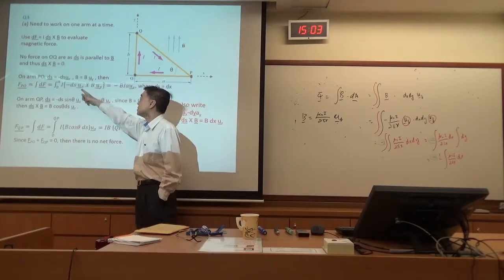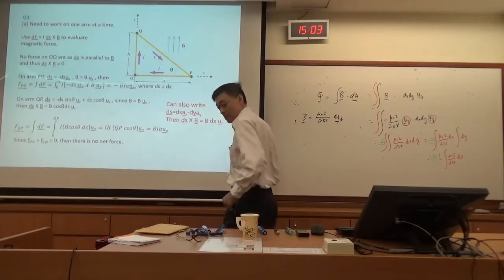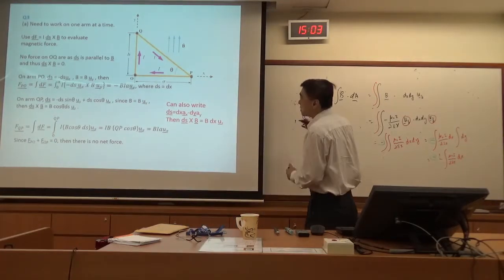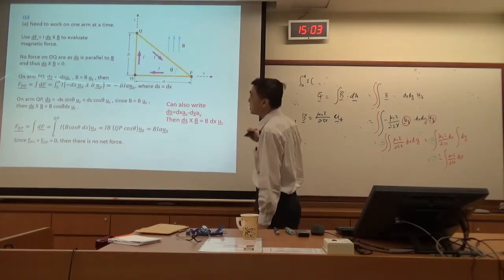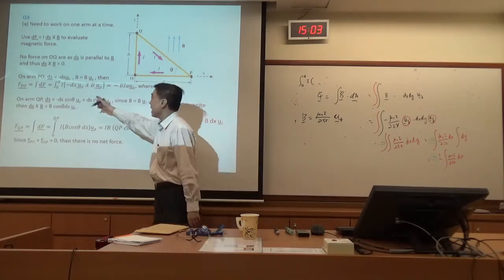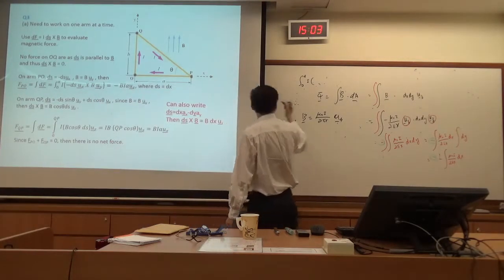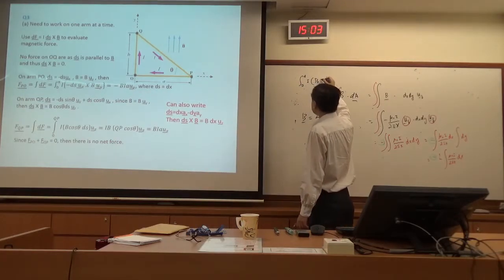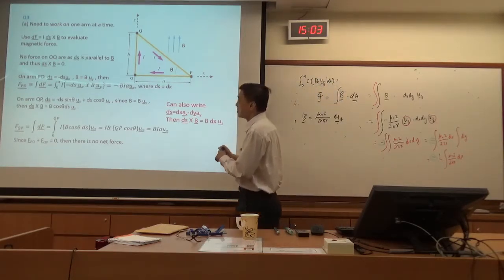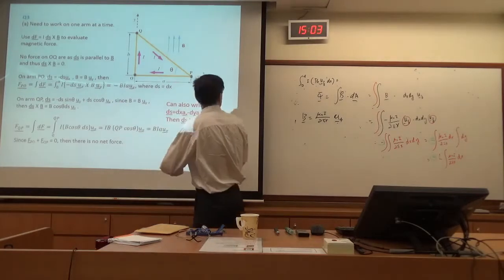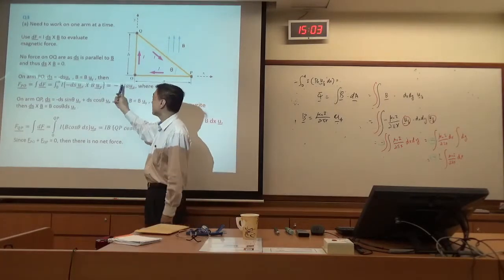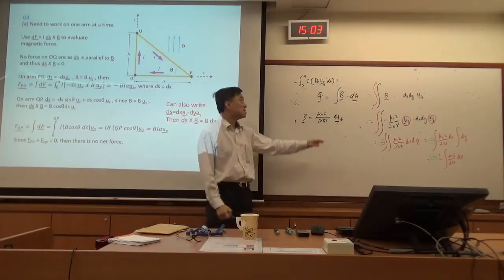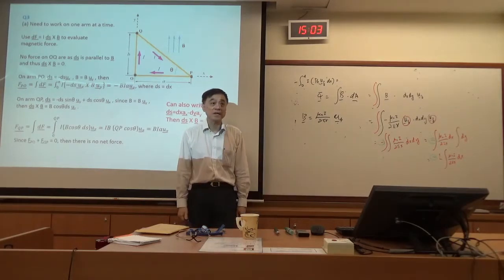So this becomes the integral from 0 to a of I, x cross y into z, B uz dx, which is equal to, there's a minus there, sorry. Okay, which is equal to minus B I a uz. Alright? That one is quite okay.